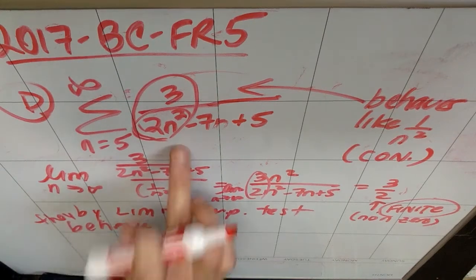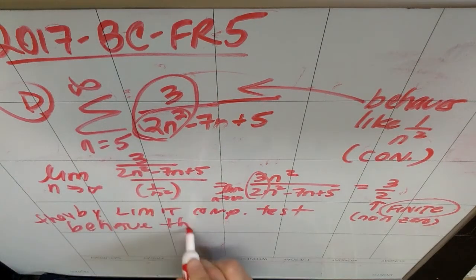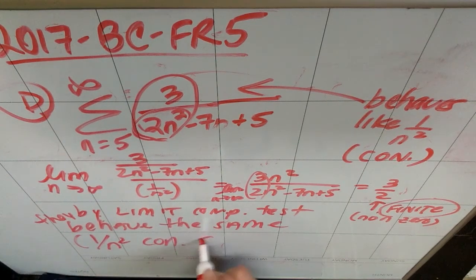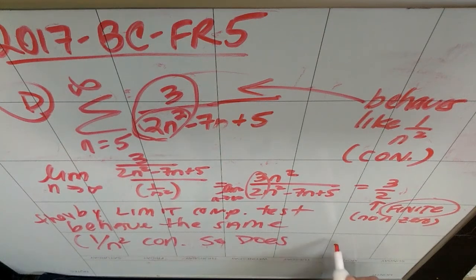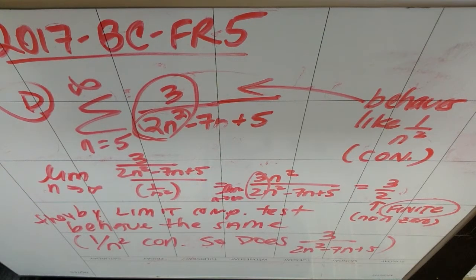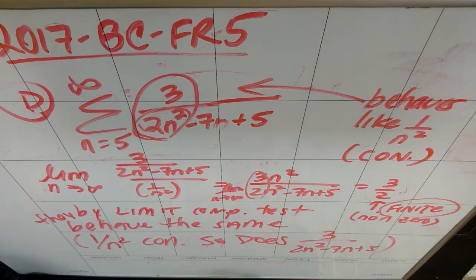So what I mean is that if 1 over n squared converges, so does 3 over 2n squared minus 7n plus 5. Again, I probably would have been more likely to do the limit comparison test than the integral test if I had not been asked to do part C before this.